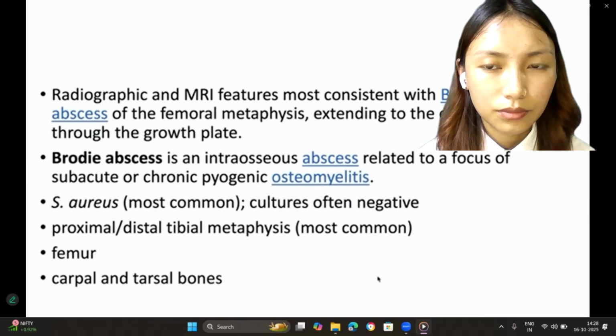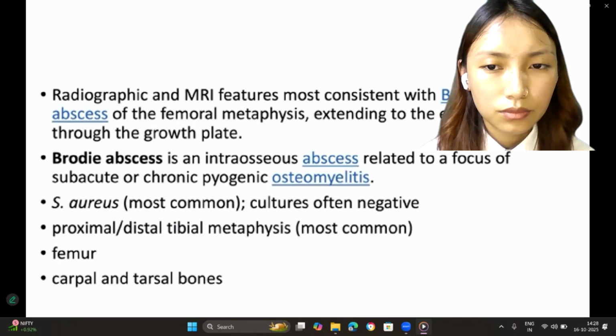through the growth plate. A Brodie abscess is an intraosseous abscess related to a focus of subacute or chronic pyogenic osteomyelitis. Staph aureus or culture negative is most common. Proximal and distal tibial metaphysis is the most common location, as well as the femur and carpal and tarsal bones.